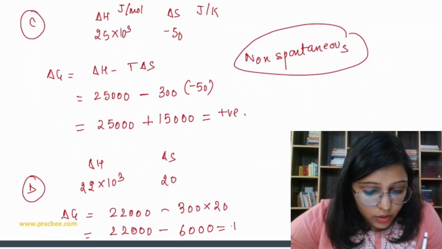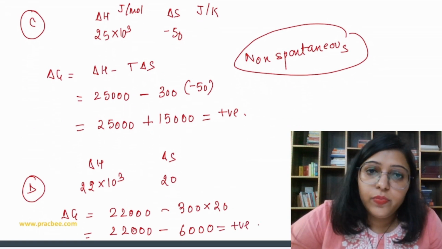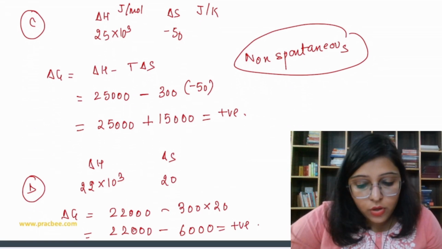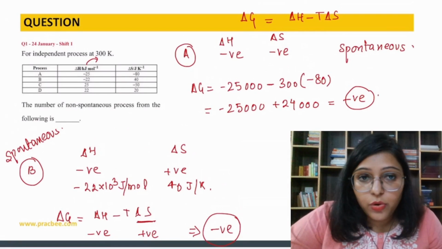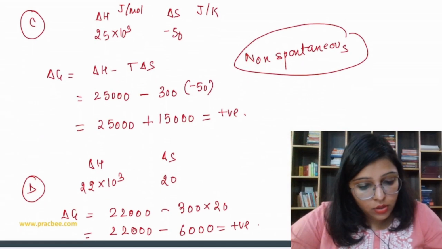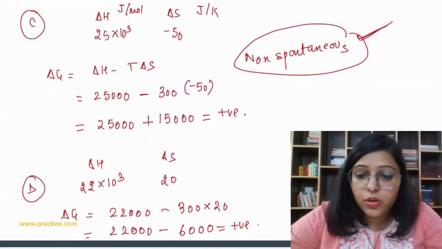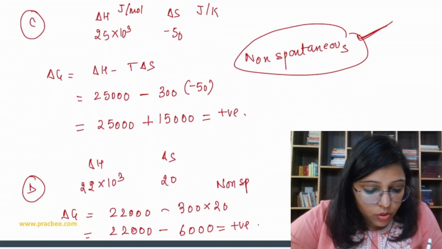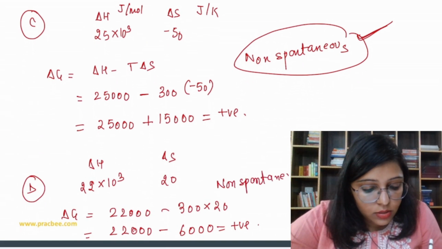So that overall term is going to be positive. So we have to find out non-spontaneous processes. So this is a non-spontaneous process and this is also a non-spontaneous process.